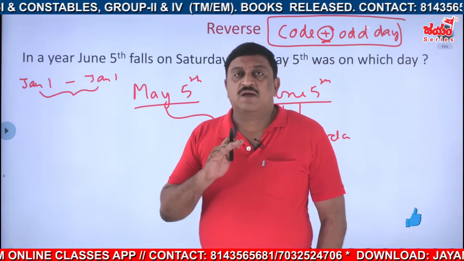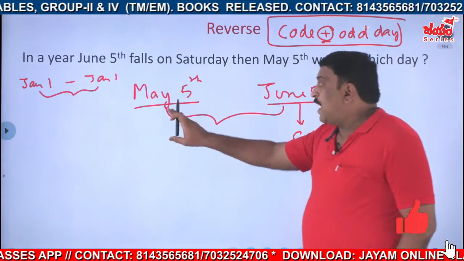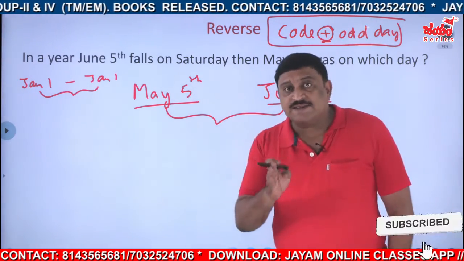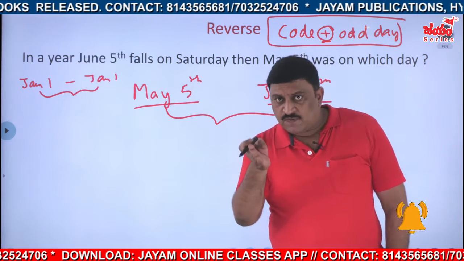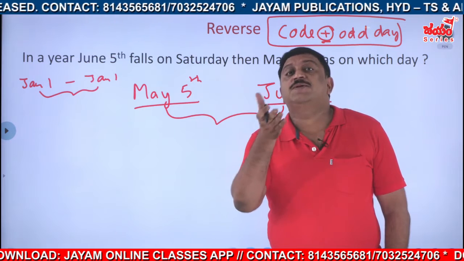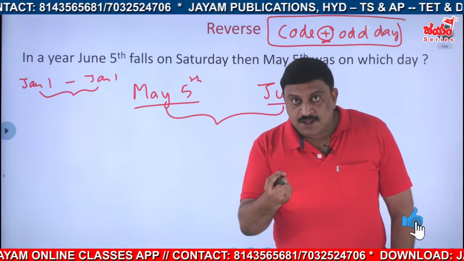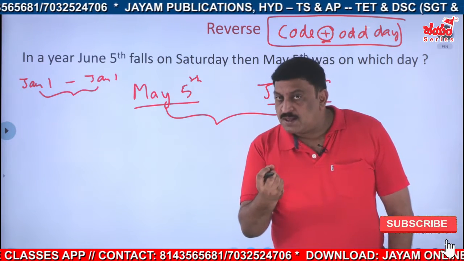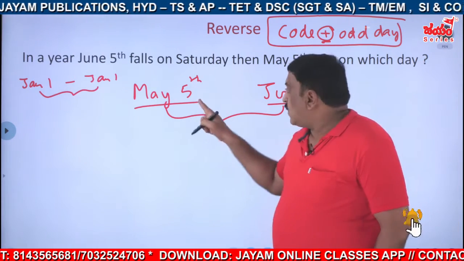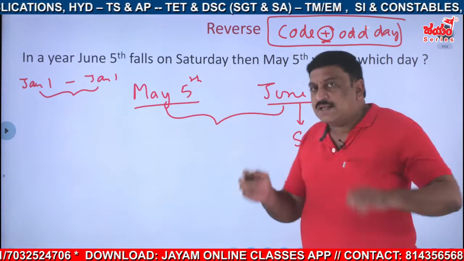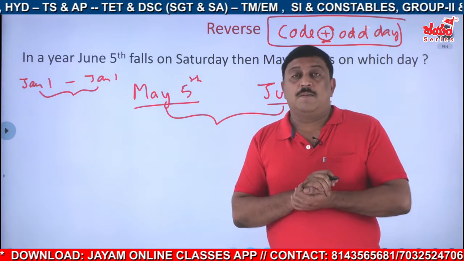In the same way, here May 5th to June 5th is considered as 1 month. Which month? That is, a 31 days month or 30 days month or 28 days month. We don't know that one, right? But first of all, May 5th to June 5th, consider that one as a month.